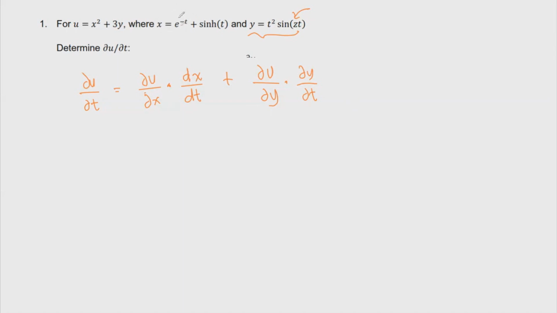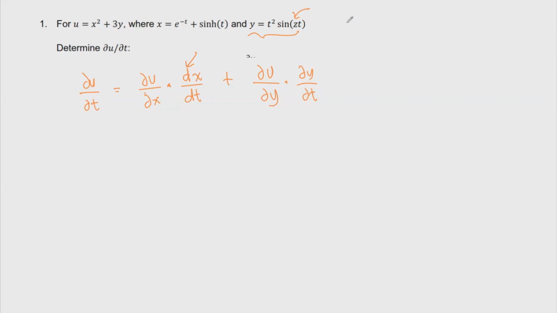The normal d is used for x, because x is a pure function of t. But because y is a function of t and z, and not a pure function of t, we use the curly d instead.